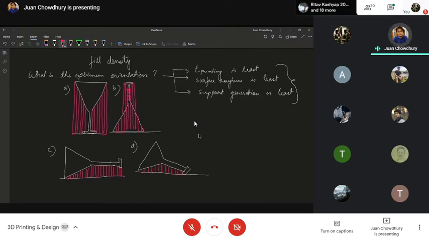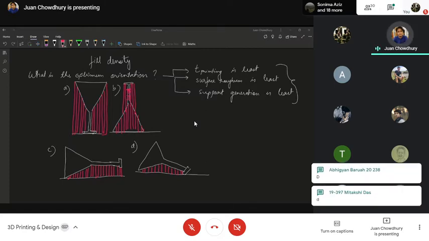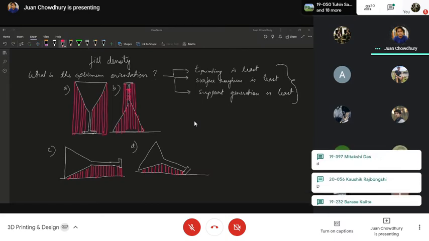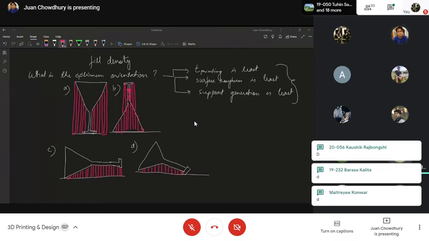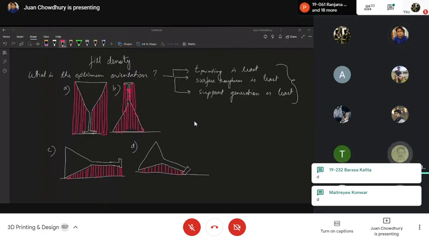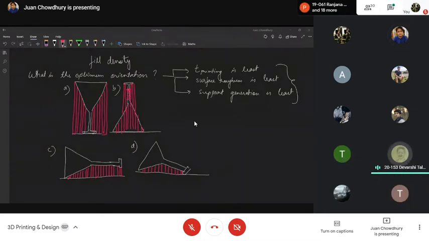Now tell me, which one do you think would be the best orientation? I have drawn the supports. Vote again. Sir, would C not require supports in the inside part of the cone? Yes, that's a good question.